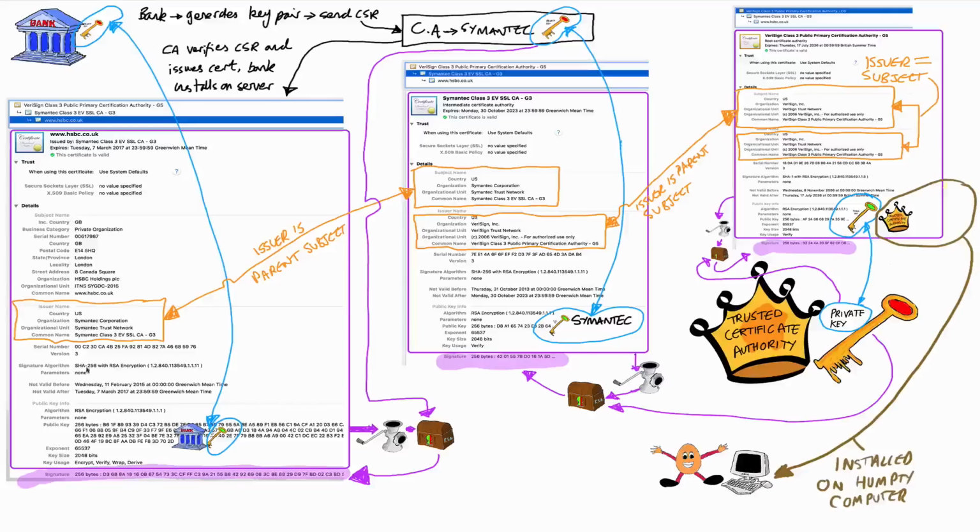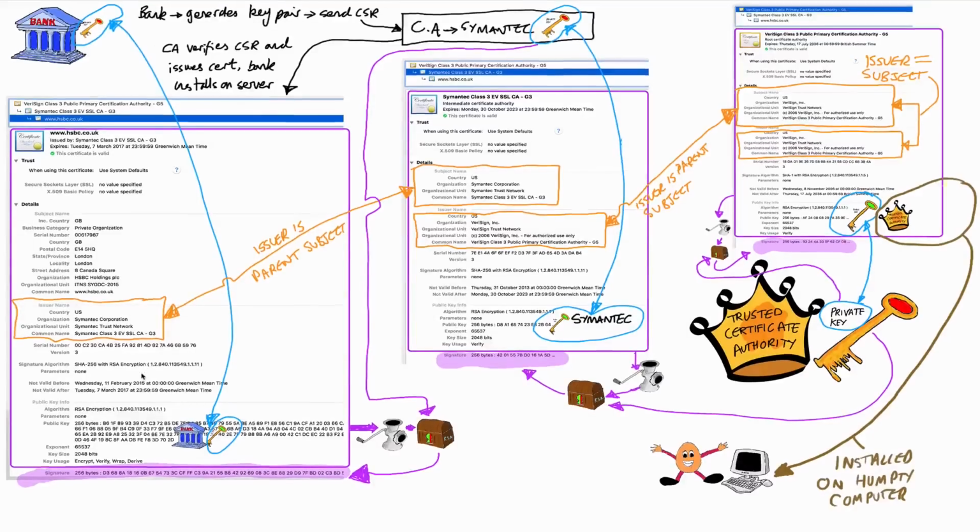I'm going to skip the signature algorithm. We've talked about SHA hashing, SHA-256. What it means is that Symantec are going to use a SHA-256 hash function in order to create the signature for this certificate. We'll get to that in a second.